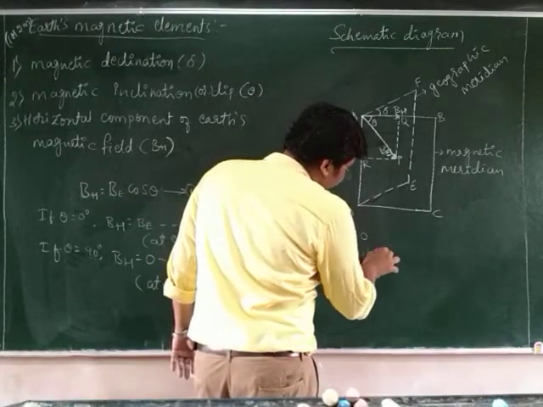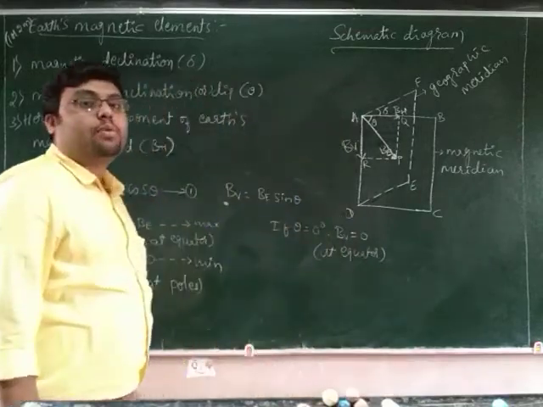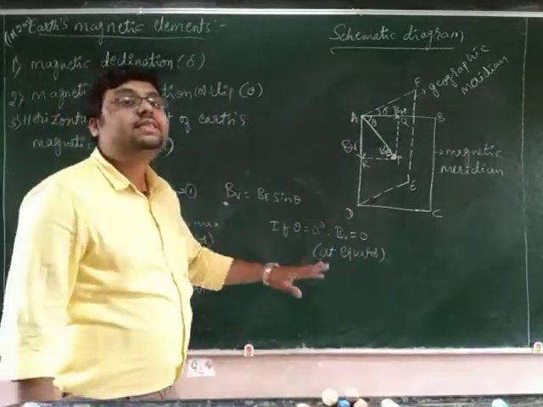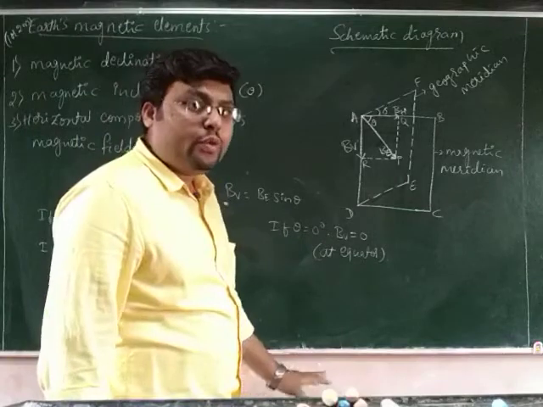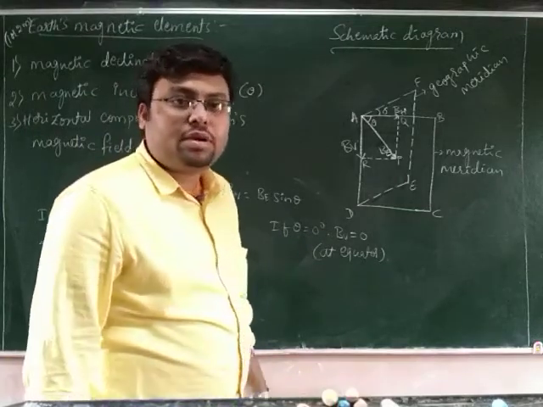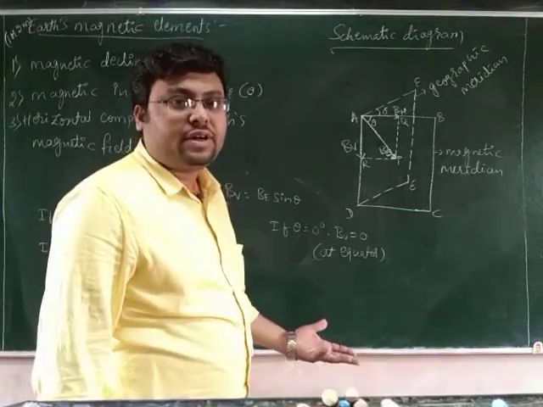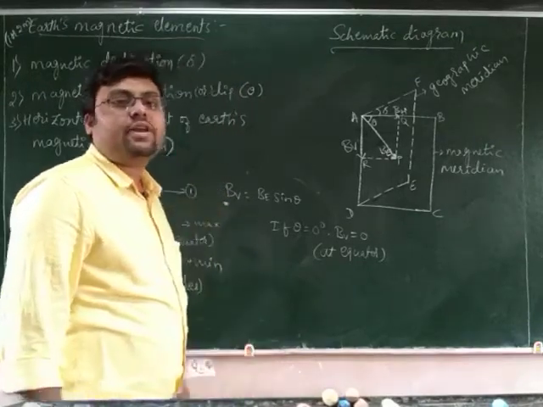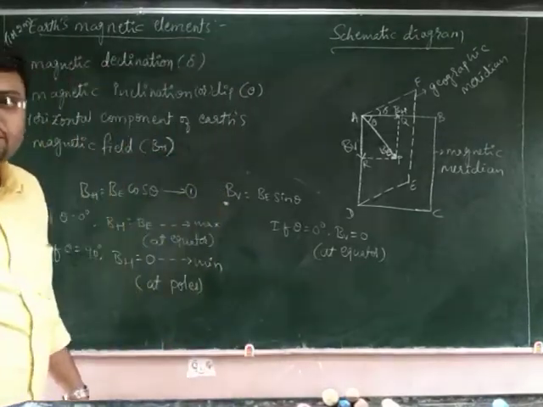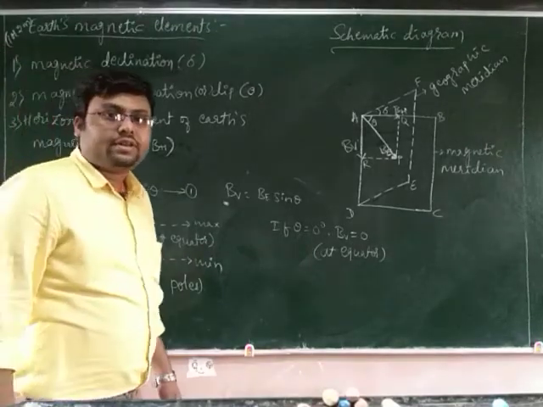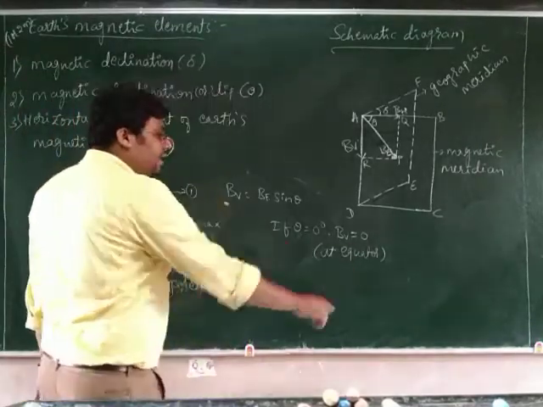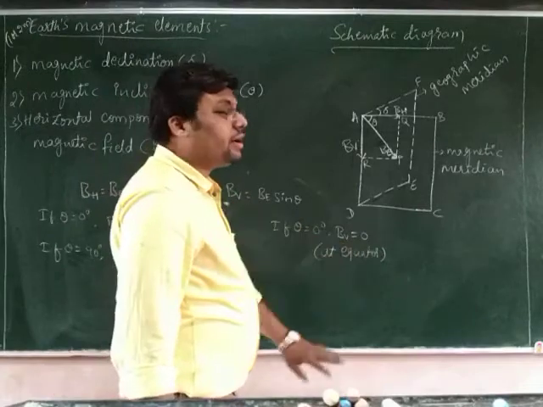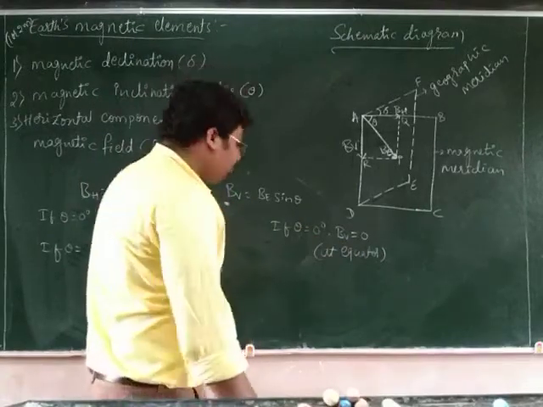At the equator, the vertical component of Earth's magnetic field is 0. Questions may come: where can you find the maximum or minimum value of the horizontal component of Earth's field, or the vertical component of Earth's field? Such questions may come. At the equator, the vertical component of Earth's field is 0.